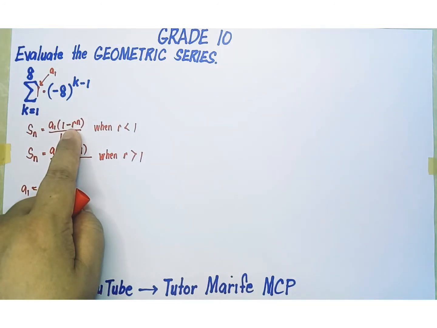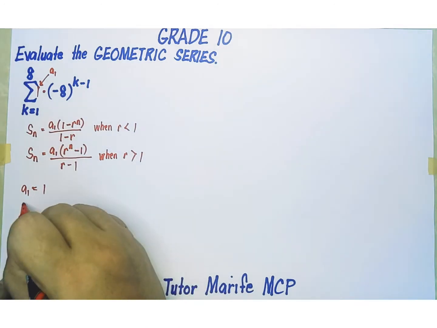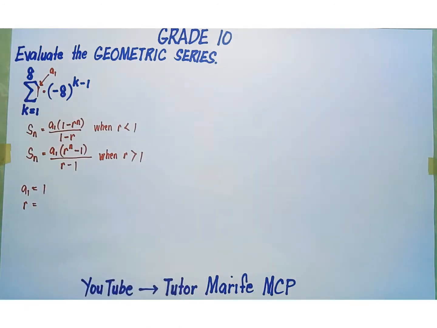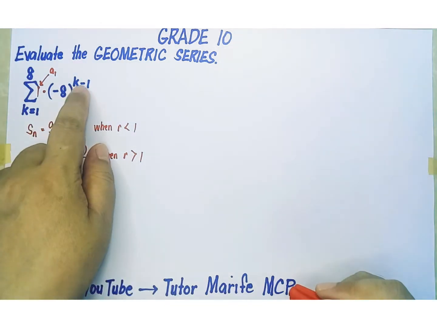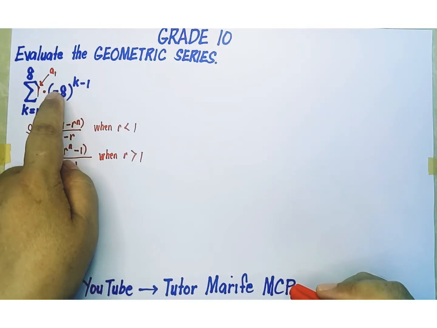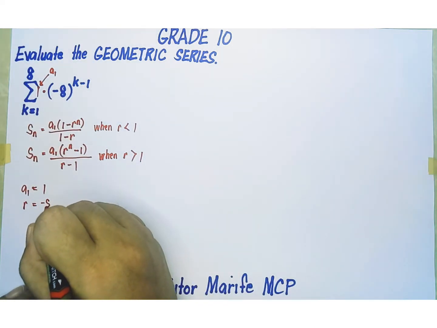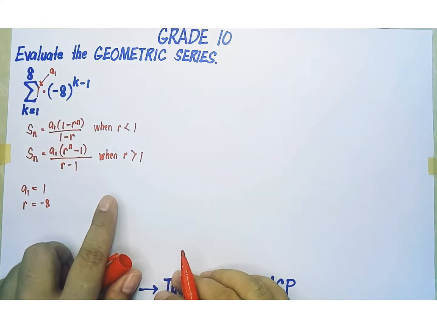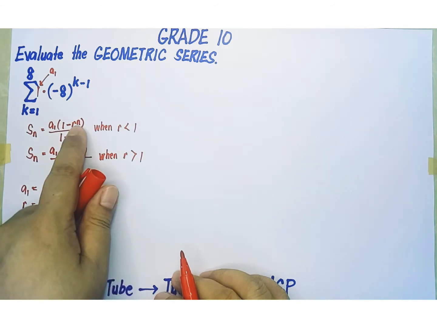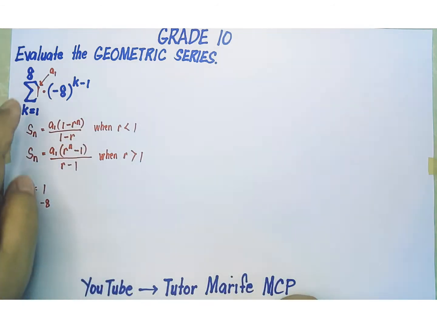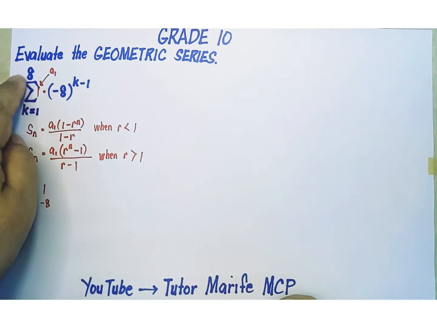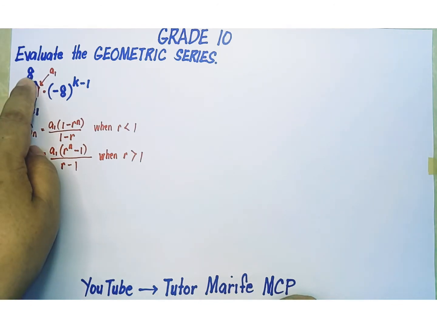Next, we need to know the r. R is actually the base of your k minus 1. So, it's negative 8. Next, we need to know your n. N is actually the number at the top of our summation symbol. It's 8.